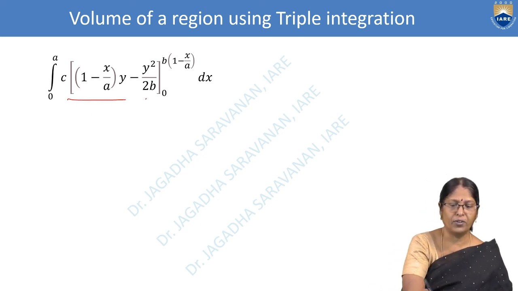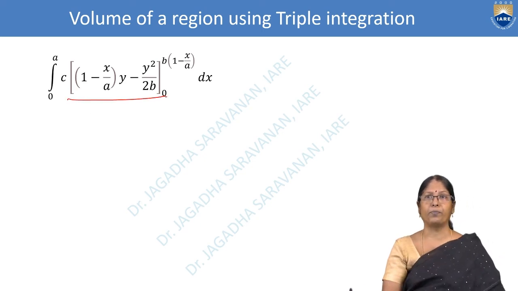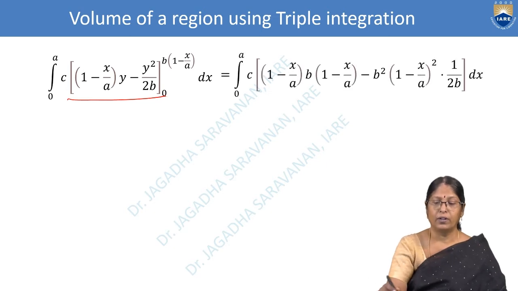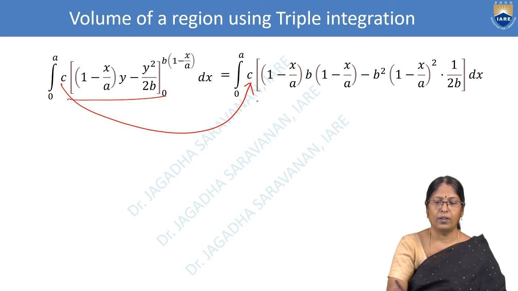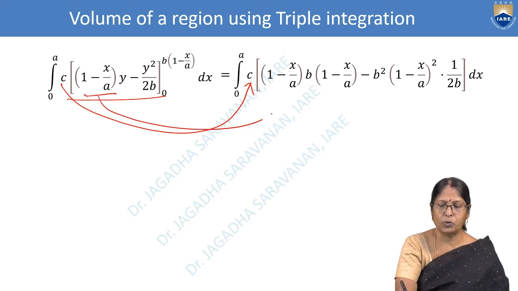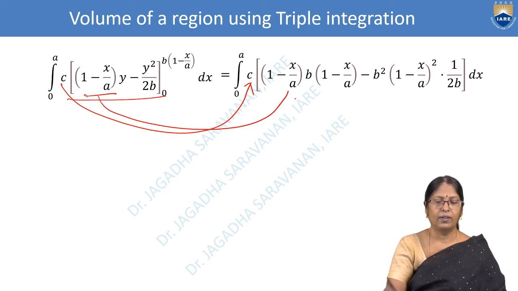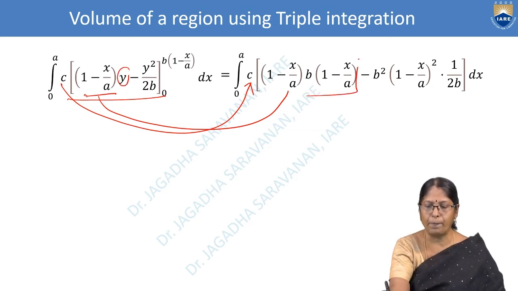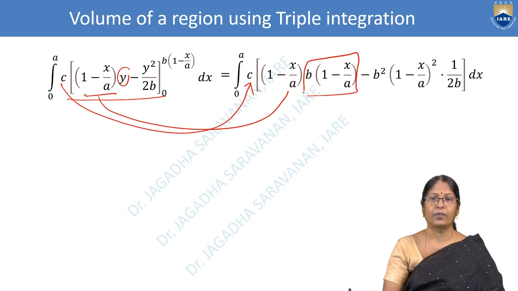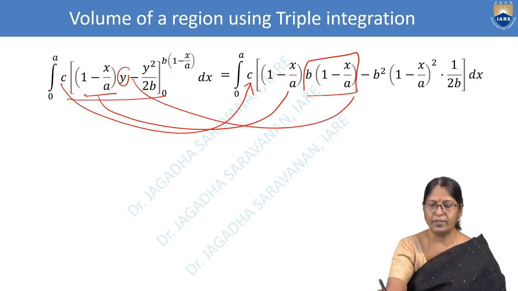Now we can see it here, that is the previous step, kept again here. The c is written as it is. This 1 − x/a is written. In this y place, we substituted the upper limit.